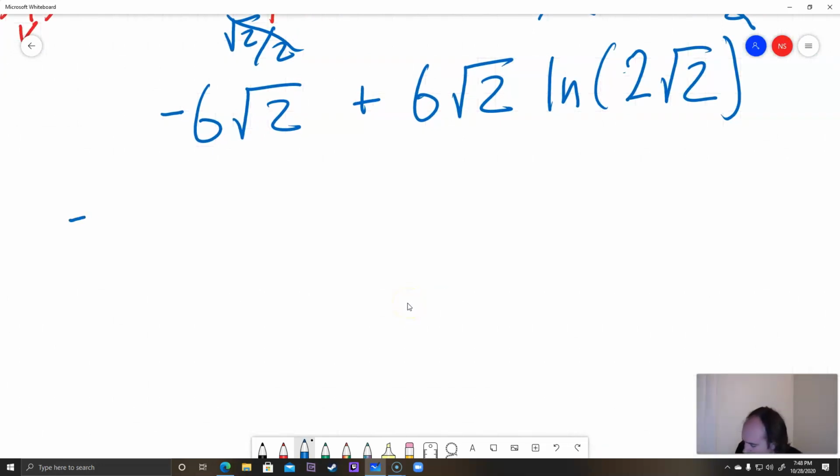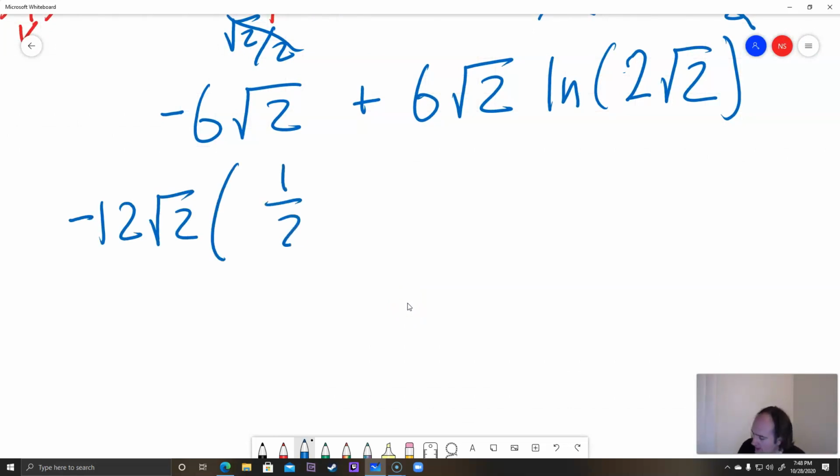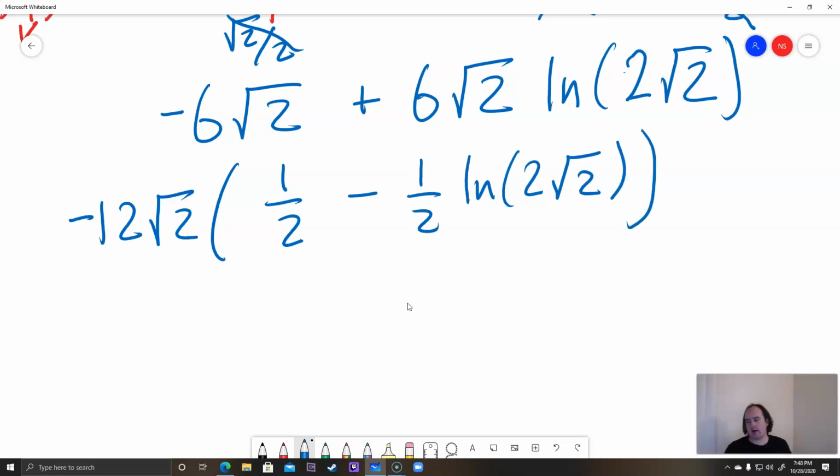So if I factor out a negative 12 root 2, then I'm going to be left with a 1/2 minus 1/2 ln of 2 root 2. I'm not sure why they factored out a negative 12 root 2 instead of a negative 6 root 2. I don't know if they have a good reason for doing it that way, but that's how they did it on my math lab, so I figured I'd do it the same way they did.